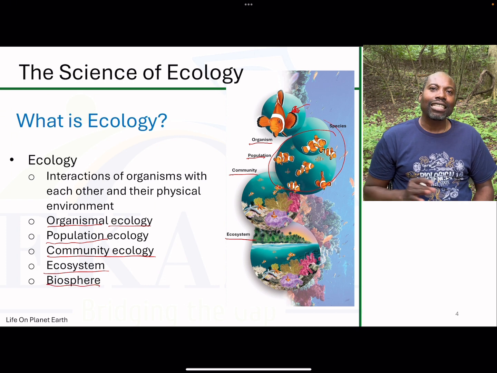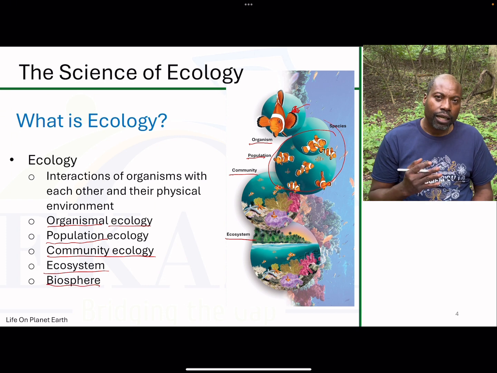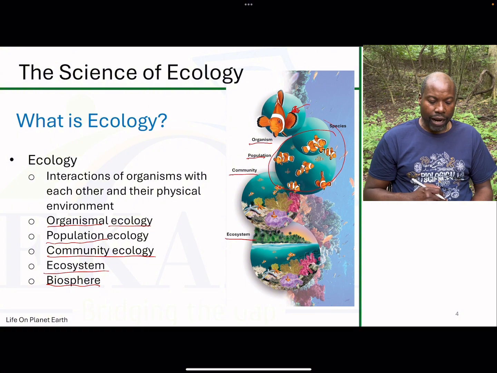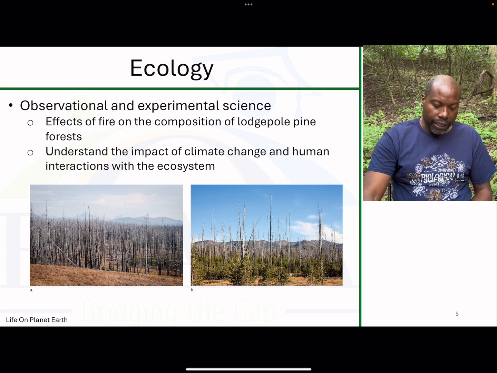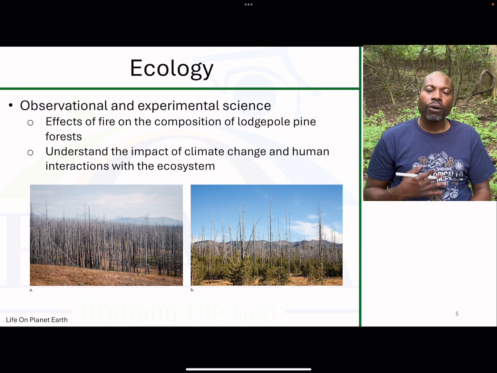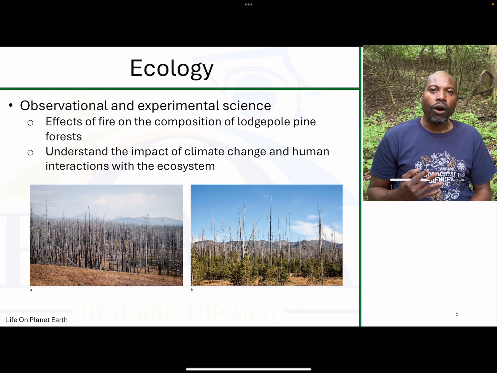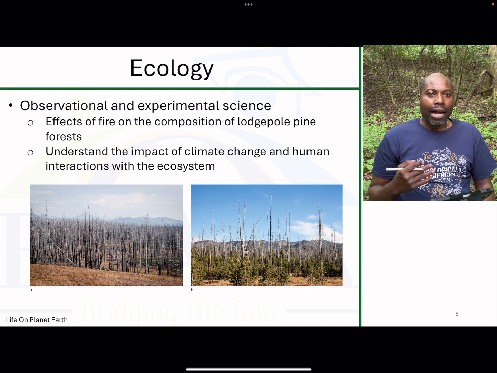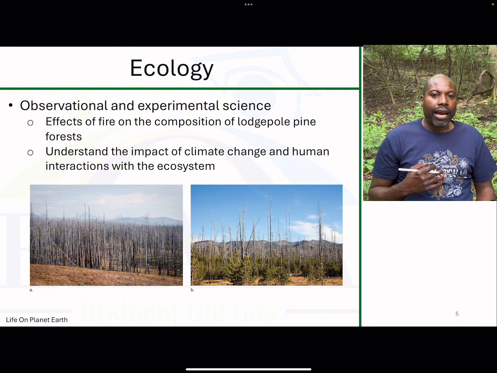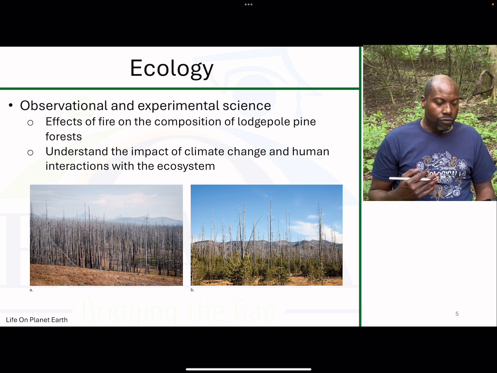So these are the different levels of ecology that we can study, right? So ecology is a discipline that allows us to understand how living organisms interact with each other and are adapted to their environment. What is the influence of environment on their life, right?